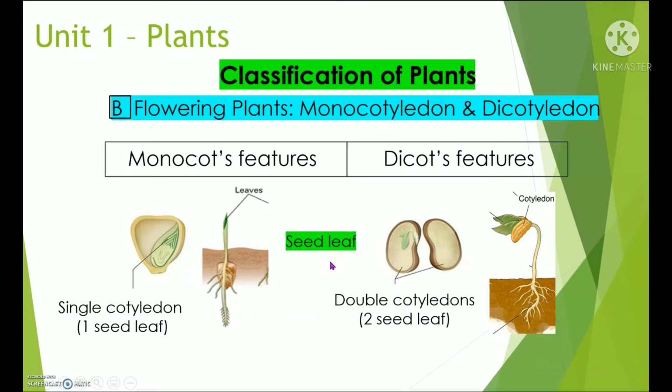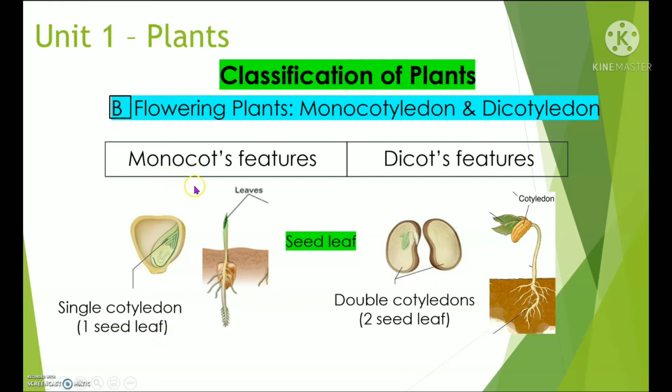Let's compare their features. For our example, for monocot, we are using a corn seed. Okay, so this is the corn seed. We will see that it only has a single cotyledon or one seed leaf.